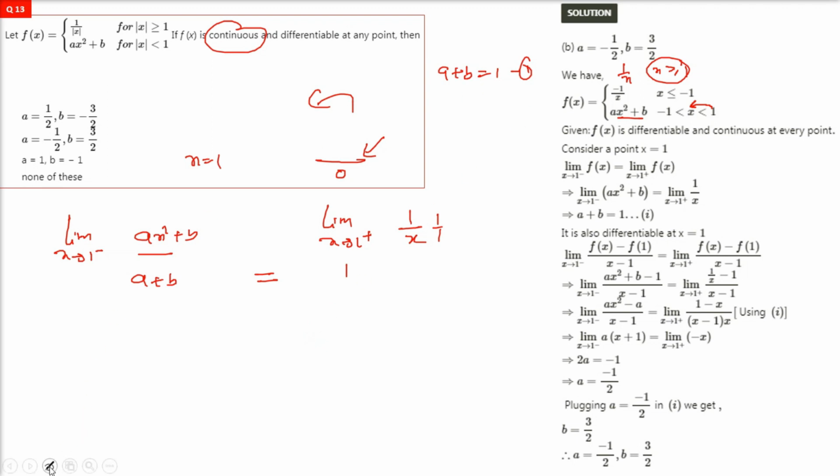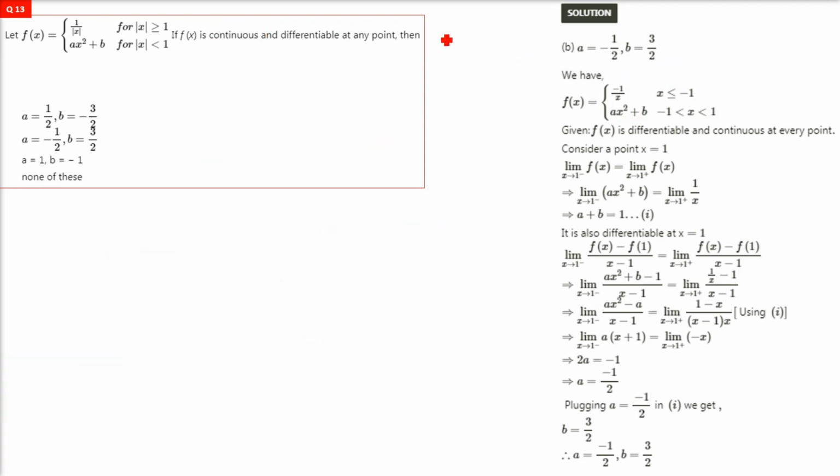Okay, I am clearing it again because we are talking about differentiability now. A plus b equals 1 is the first equation that we are going to use. At x equals 1, now we are gearing up for differentiability. f(x) minus f(c) divided by x minus c, and the limit extends to c. c is 1 here. What is f(1)?